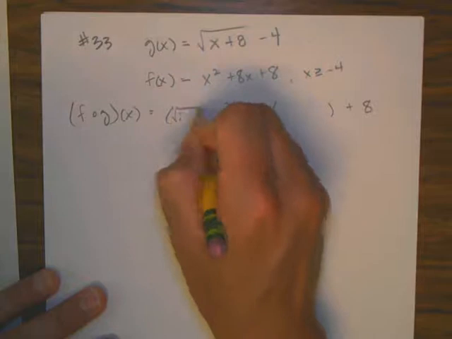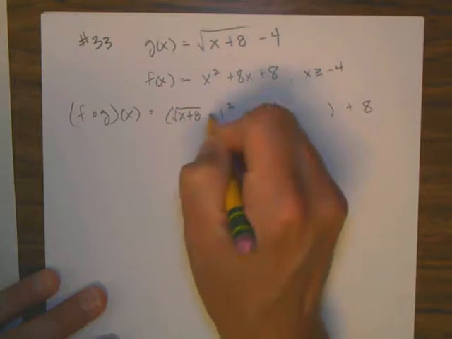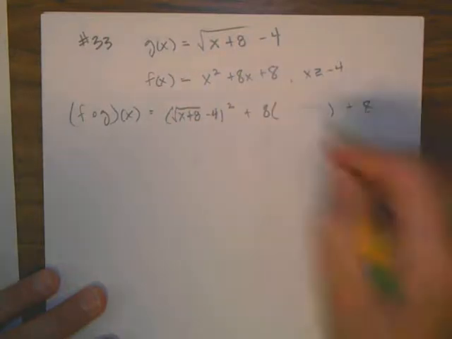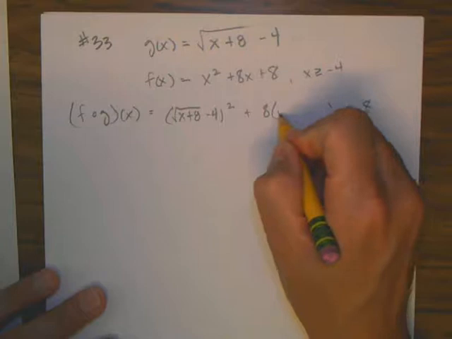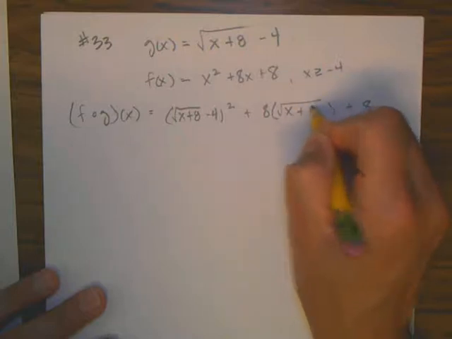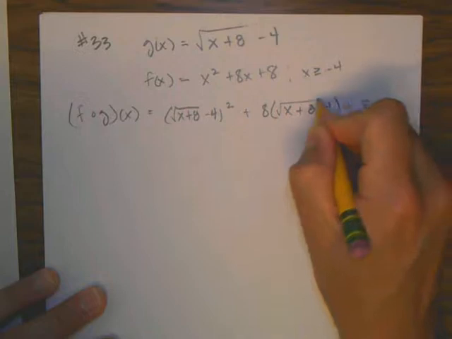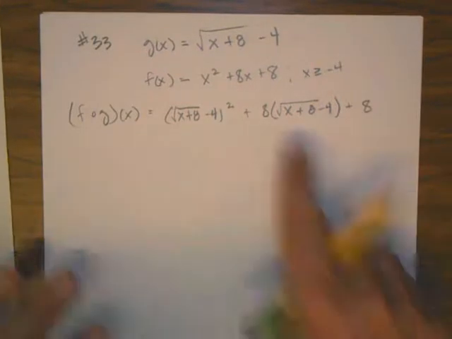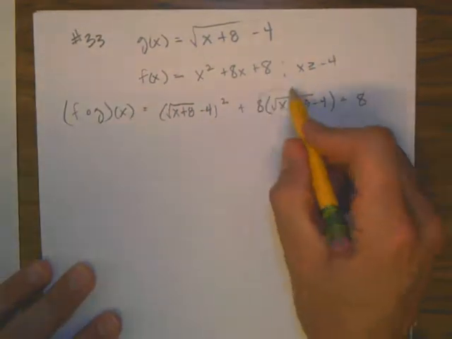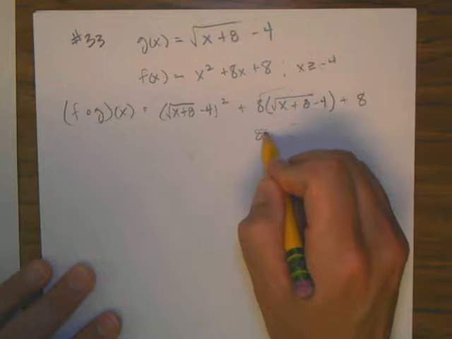Okay, I'm going to do the easy part first. 8 times square root of x plus 8, 8 square root of x plus 8. 8 times negative 4 is negative 32, plus 8.